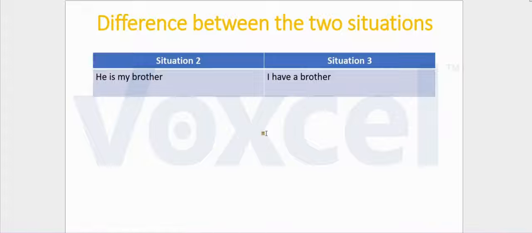In situation 3, you are showing your possession, your ownership. Basically, you are saying that I have something, so I possess something. Your brother is somewhere else, so you're talking with someone new or your friend, and you're trying to say that you have a brother, but he is not there right now. Maybe he is at home or he is somewhere else, but you have a brother.